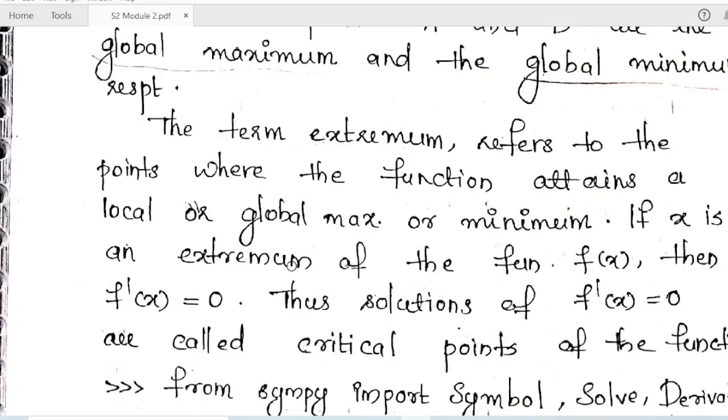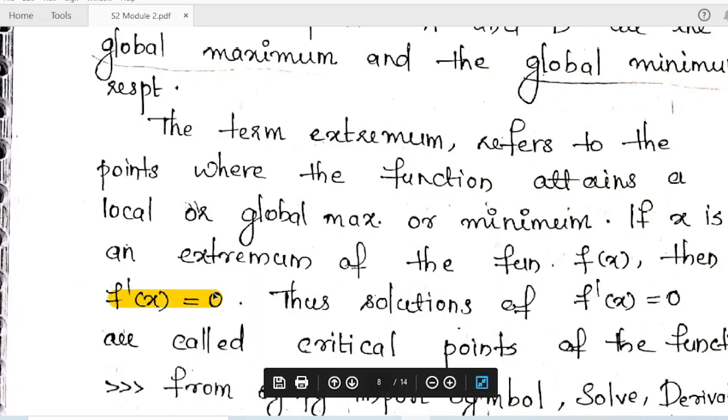If x is an extremum of the function f(x), then f dash of x is equal to 0.